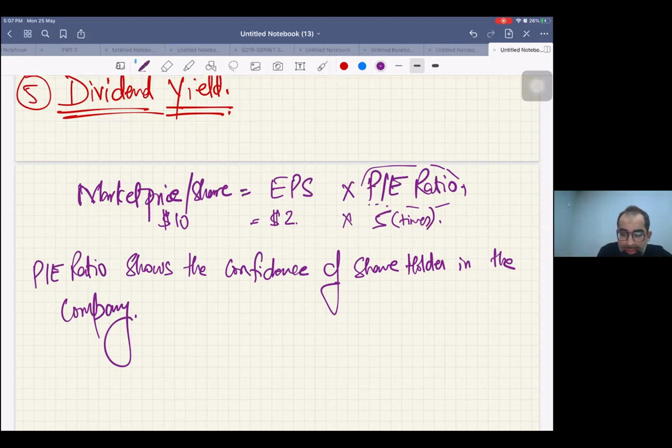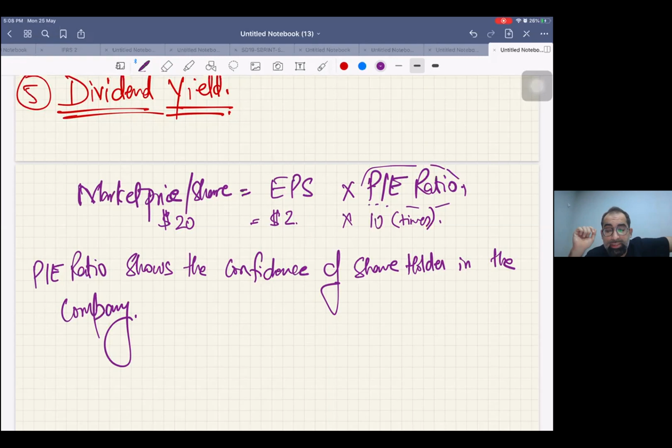Okay, now look at the screen. Let me change the share price. Now the share price is $20, with EPS remaining the same, no change in EPS. So what will change? Your P/E ratio will change.